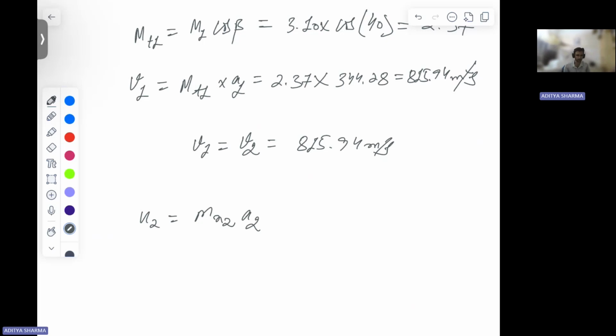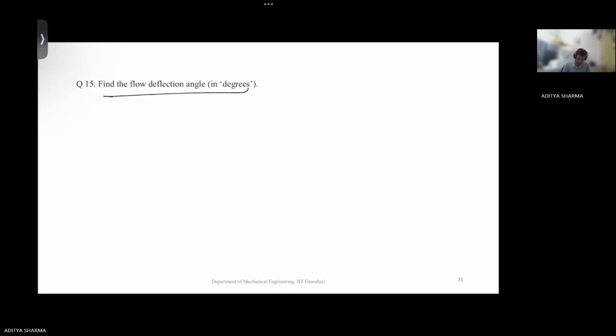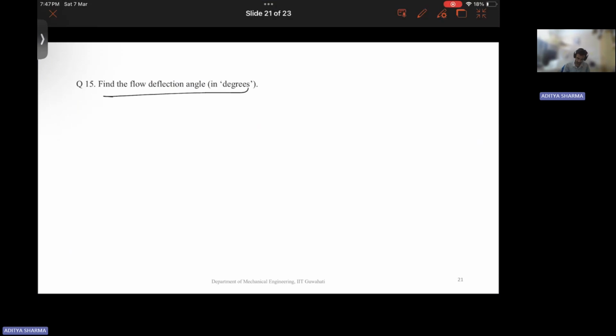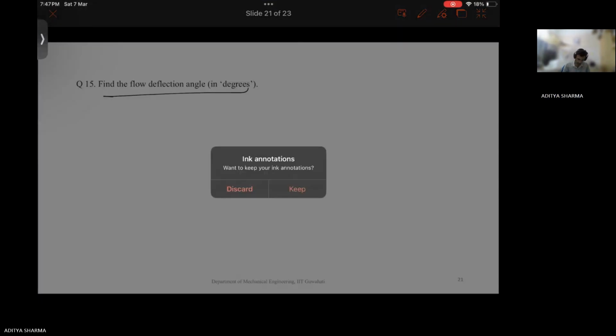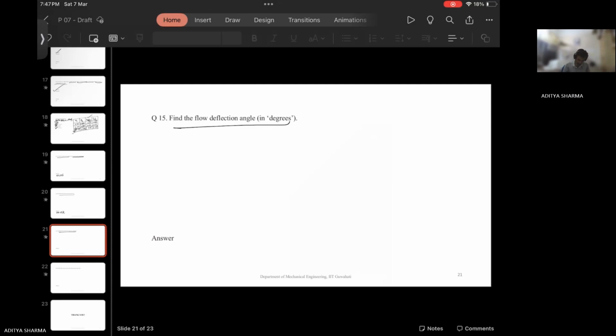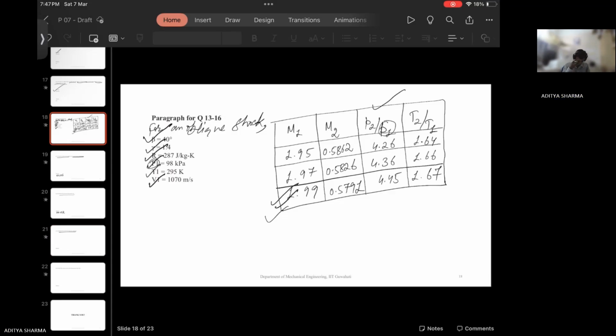So U2 is Mn2 into A2, the normal component multiplied by the acoustic speed. So normal component, how can we calculate?